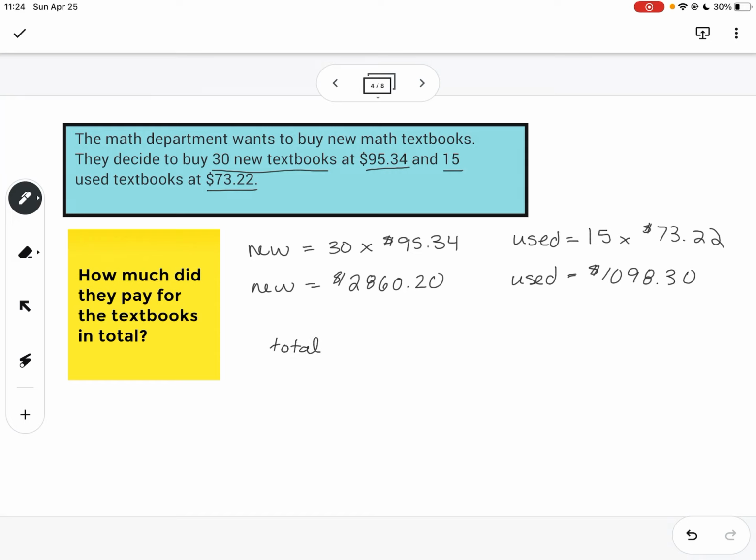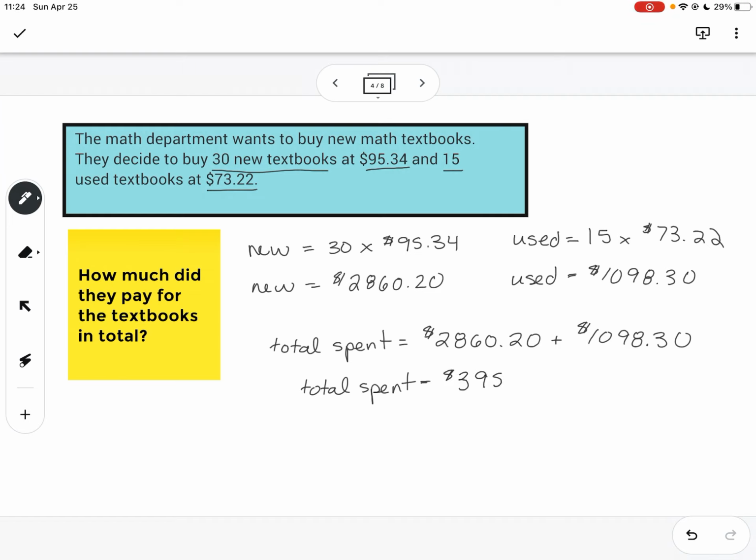So the total spent has to be the sum of those two costs. So $2,860.20 plus $1,098.30. So then my total spent is going to be, let's see, a lot of money on textbooks is the outcome here.